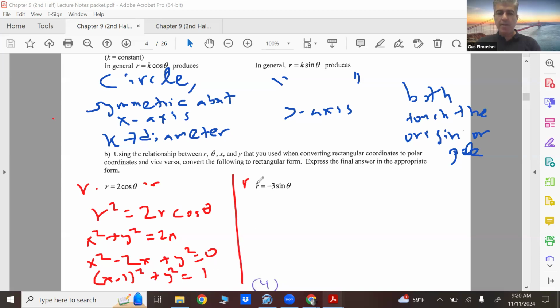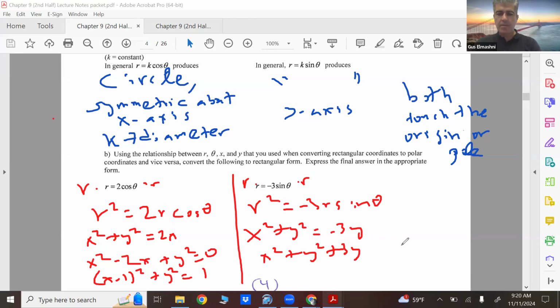Here, multiply by r and r. R squared equals -3 r sine theta. So x squared plus y squared equals -3y. Take half of 3 and square it, 9/4.